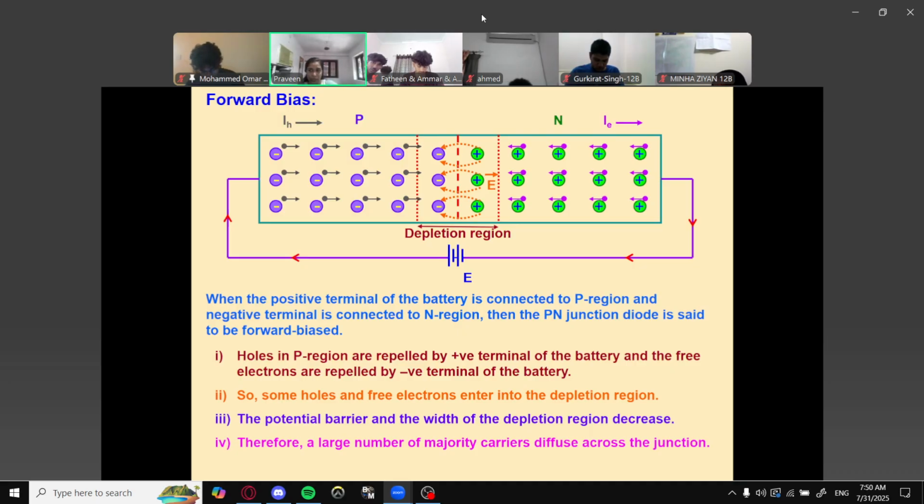You will get a large current. Majority charge carriers will flow very easily through the junction. That sets up a large current, due to majority charge carriers, and that is called the forward current in the circuit. And this current will increase with the increase in the applied voltage. This much only you have to remember.